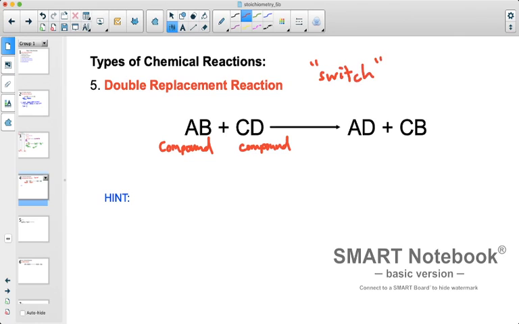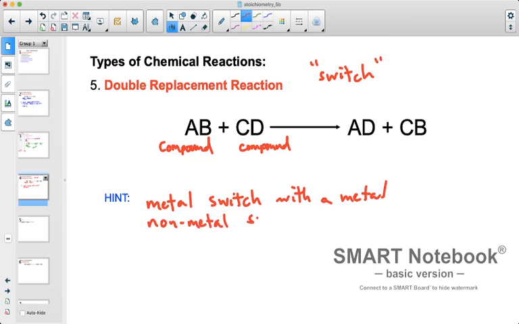The same rules really apply. The metal will specifically switch with the metal, and the nonmetal will switch with the nonmetal as well.